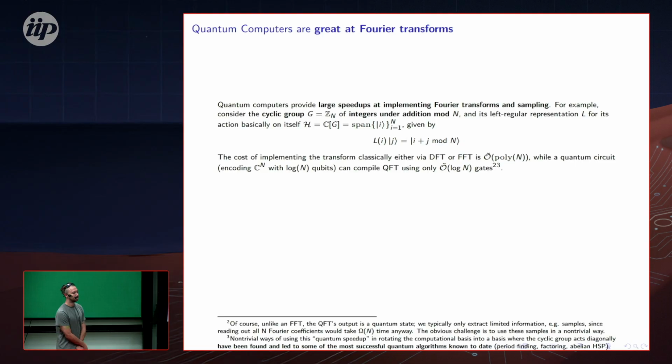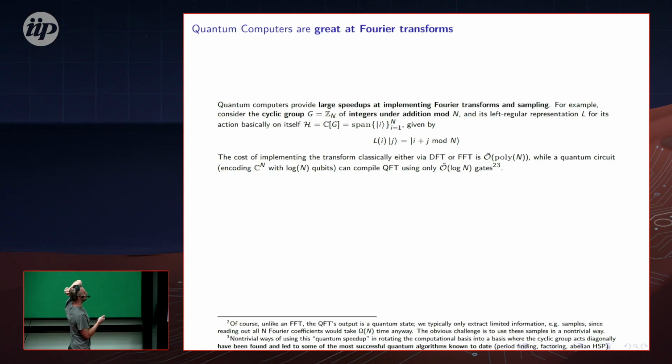Okay. So now I'm going to try to argue that, I mean, I argued it previously, but let's argue a little more why quantum computers are great at Fourier transforms. And as I was saying, one of the instances where we know they're really good is the quantum Fourier transform.